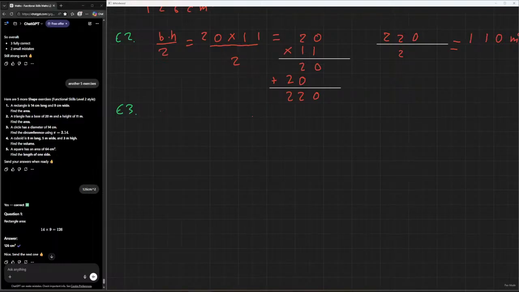If I'm correct, it is pi r squared, and then we go 3.14. The radius is what?